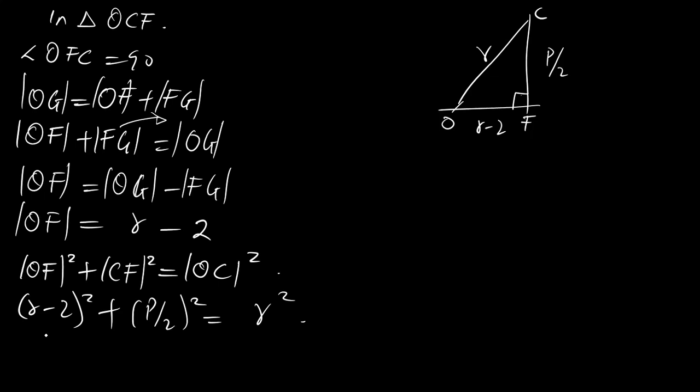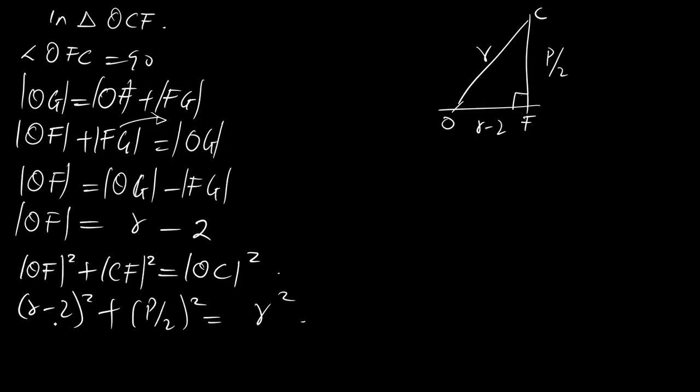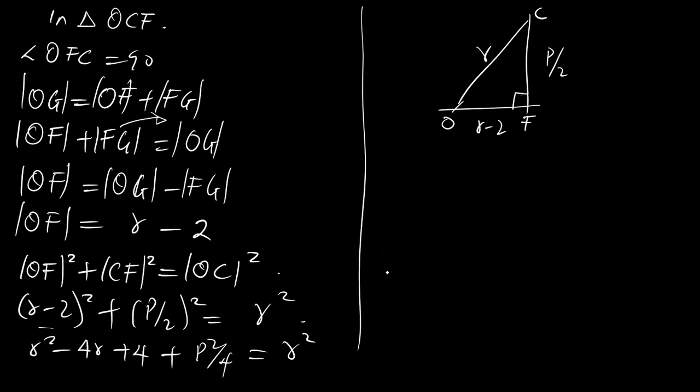So if we open up this bracket here, you now have R squared minus 4R plus 4 plus P squared all over 4 equal to R squared.